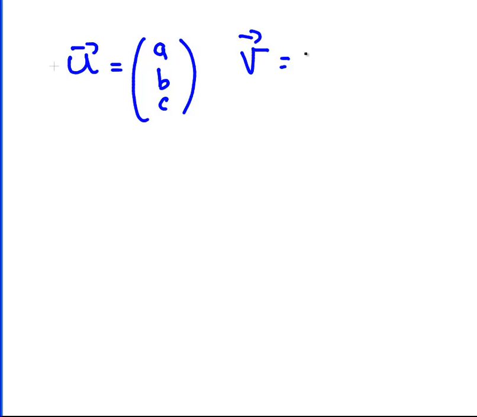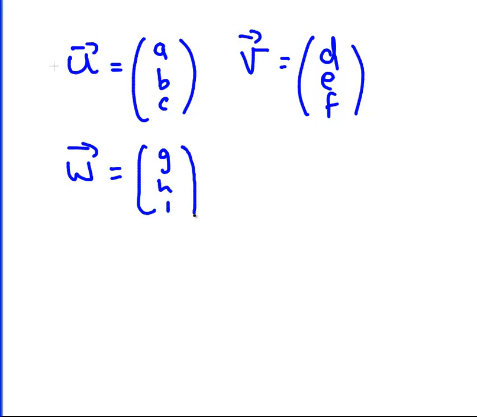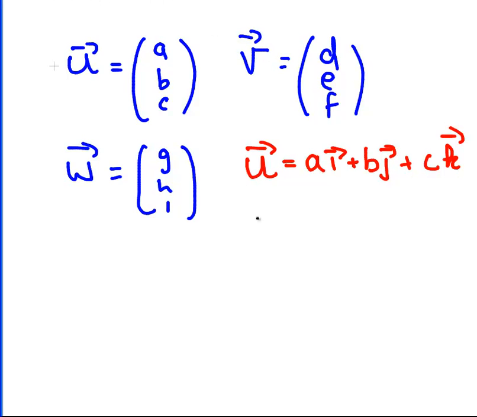V is D, E, F, and W is G, H, I. If you're not used to that, it's equivalent to U as AI plus BJ plus CK, and another format using X, Y, and Z, for example V equals DX plus EY plus FZ.